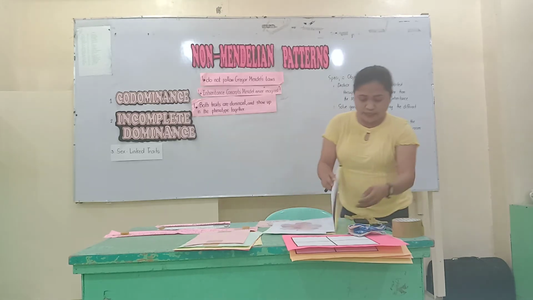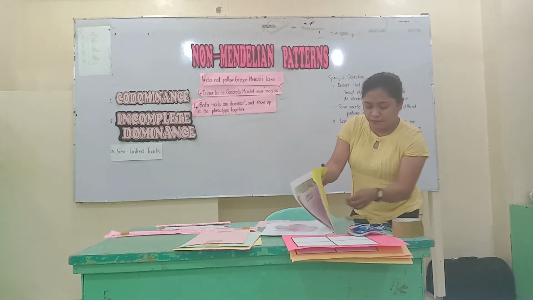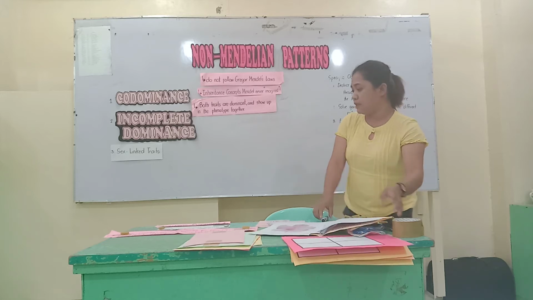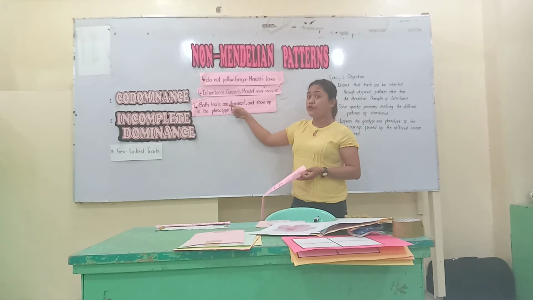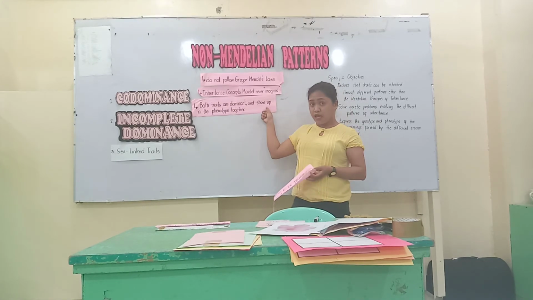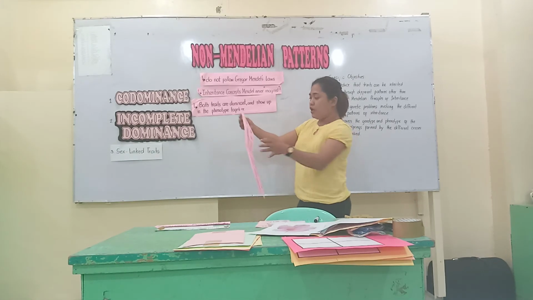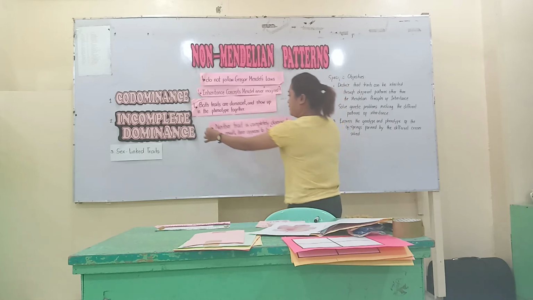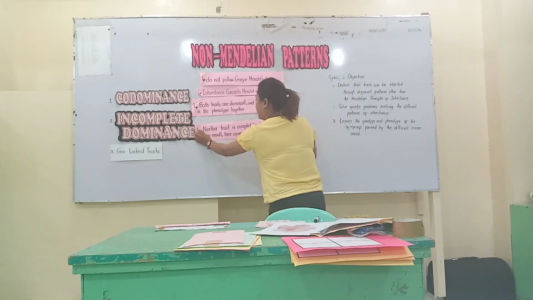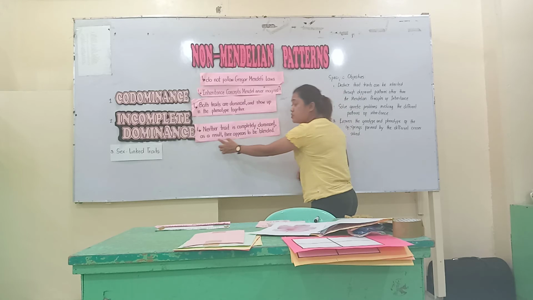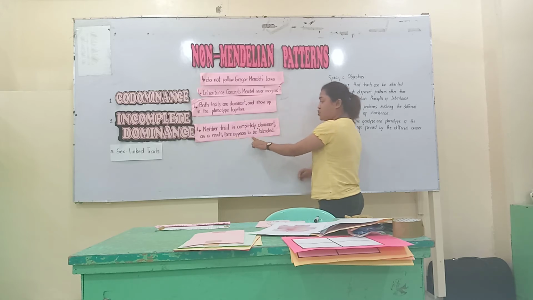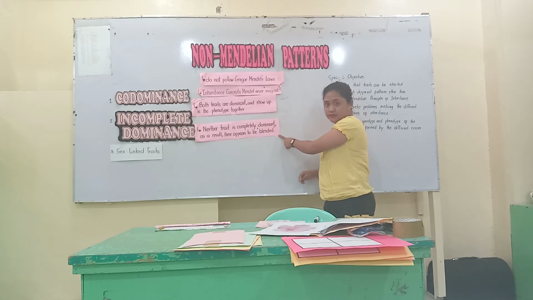Next is on the incomplete dominance. Now, what is incomplete dominance? Kung ang codominance, both traits are dominant, kunya ni-show up siya together, ang incomplete dominance is, okay, neither trait is completely dominant, and as a result, there appears to be blended.